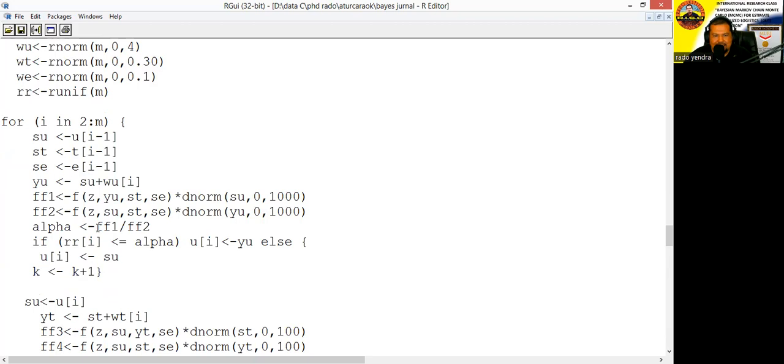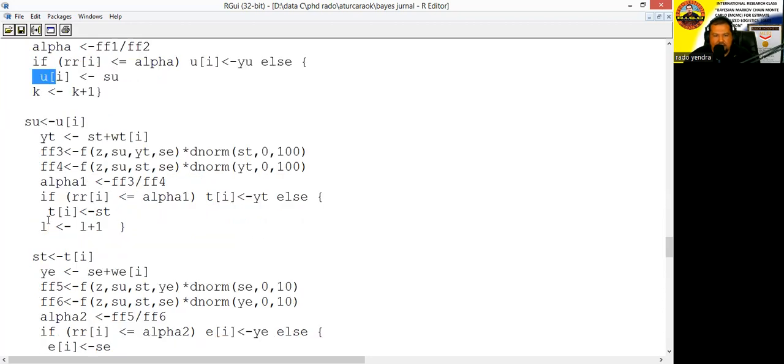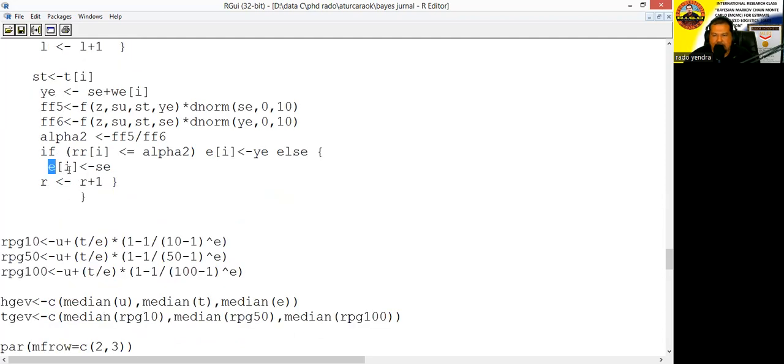A is the posterior of pi star given C G minus 1 and kappa G minus 1, divided by the posterior of pi G minus 1, C G minus 1 and kappa G minus 1. This is for the parameter U or pi. This is parameter T for the C. This is parameter E for the kappa.